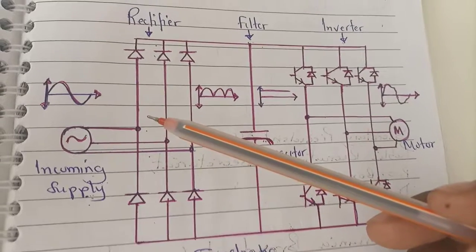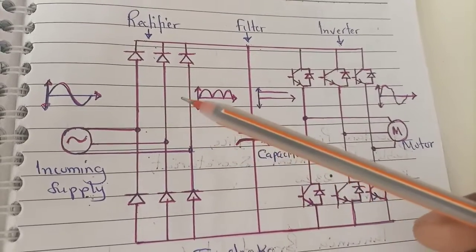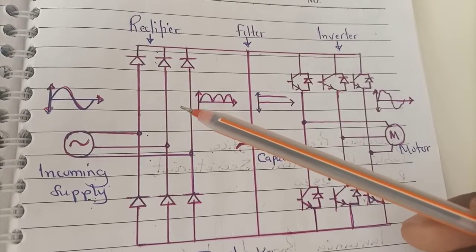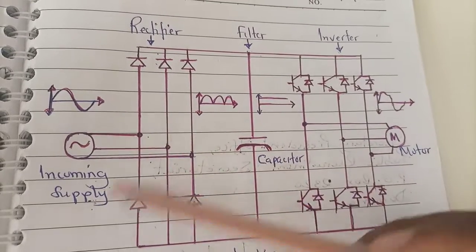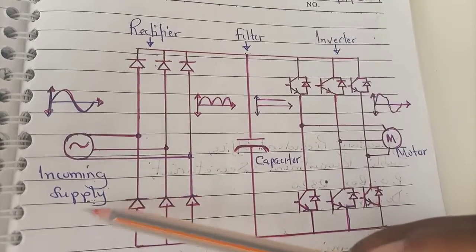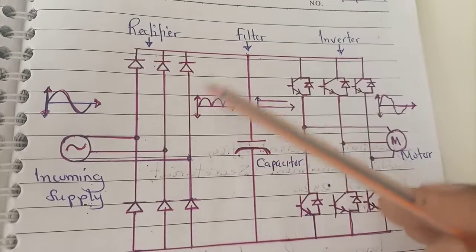Now, as we can see here, we have rectifiers. The main function of rectifiers is that they act as diodes. They take the incoming voltage and change it to DC voltage. So this is the main function of these rectifiers.